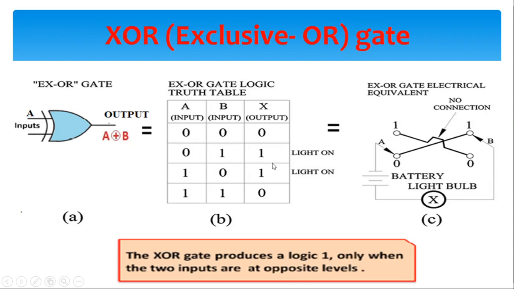This in turn indicates that XOR gate produces a logic high only when the two inputs are dissimilar or at opposite levels. The output of XOR gate is low when both the inputs are high or when both the inputs are low. That is, the lamp is off when both the switches are closed or when both the switches are open.